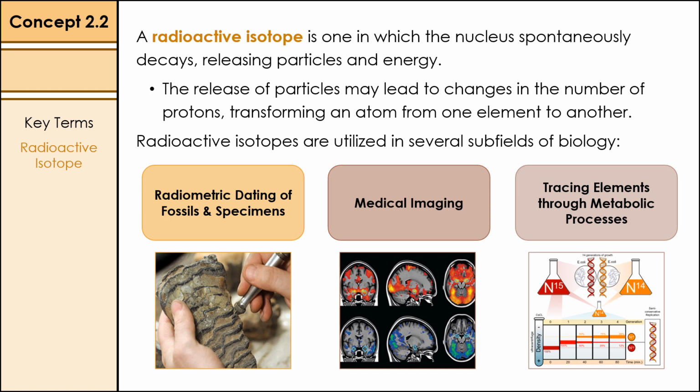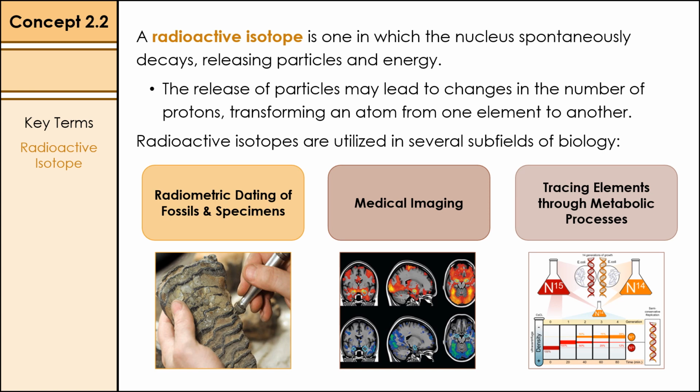So we may start to release particles and energy, some sort of nuclear decay. And so we take this radioactivity that we get in some of these isotopes and we use it to our benefit. We have three major uses that I'm going to highlight here.